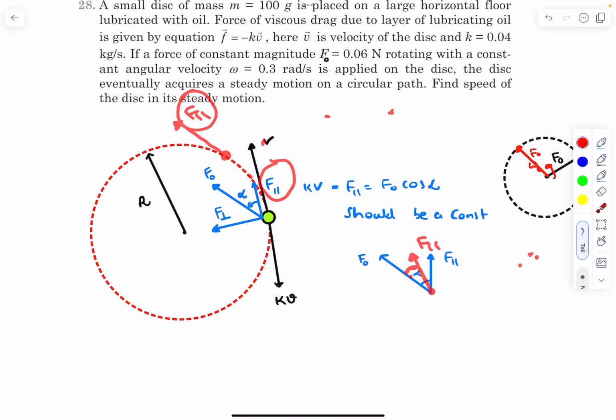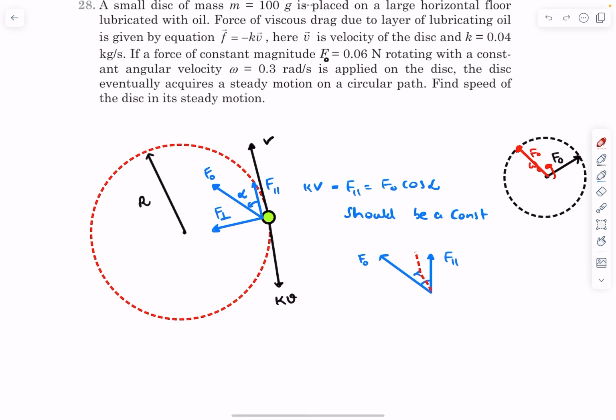But f naught is also going to rotate, right? F naught is also going to rotate in the counterclockwise sense because that's given to us. So that is going to increase this angle. If I want the angle between them to be a constant, let's draw that picture with the dotted line. This is the final situation of f parallel, and this is the final situation of f naught.